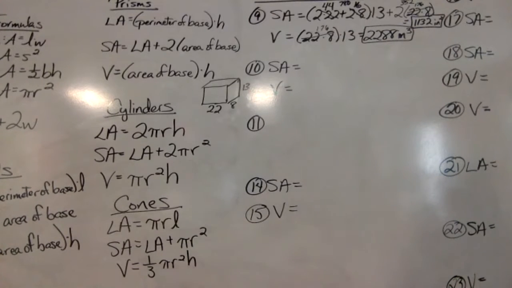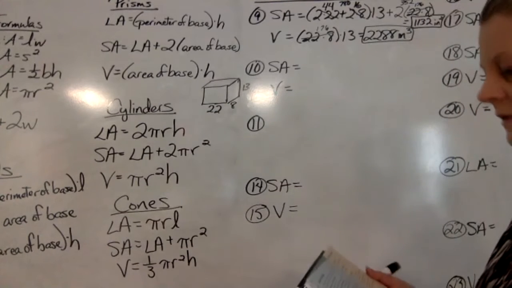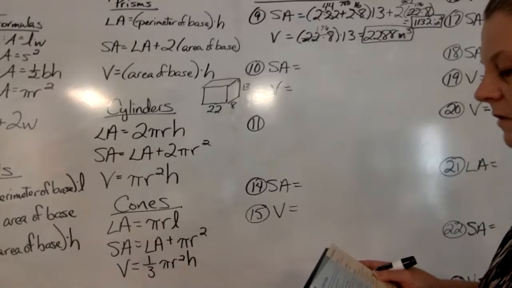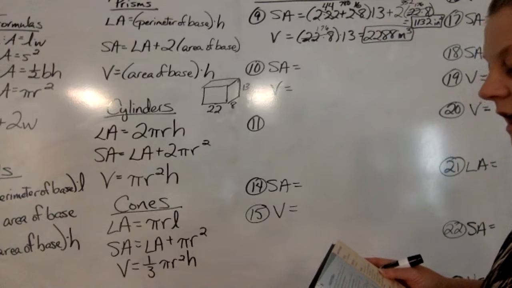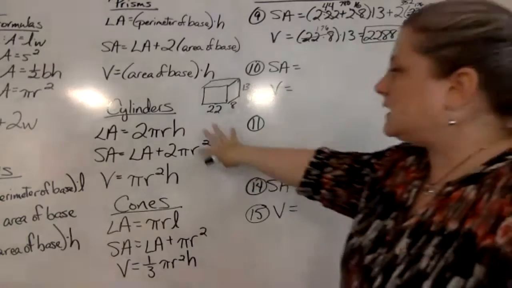Okay, for number 10, it says, find the surface area and volume of a right circular cylinder with a diameter of 8 centimeters and a height of 20. So we're talking about a cylinder.